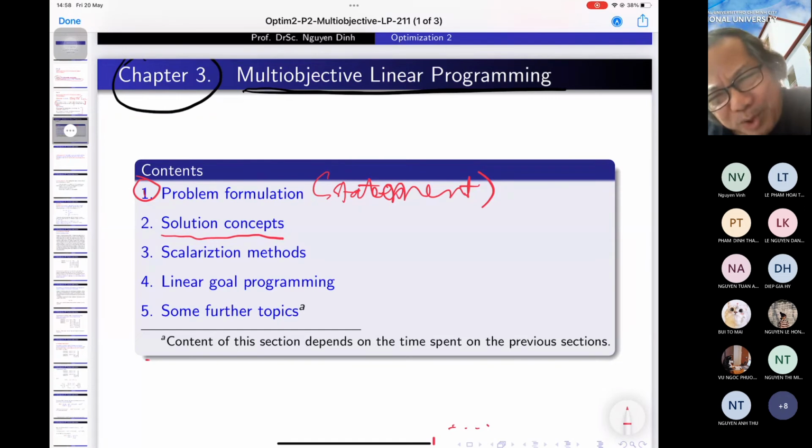We say solution, so what does it mean, solution? The third section is the scalarization method. Actually here, we have the solution concept and the graphical method.